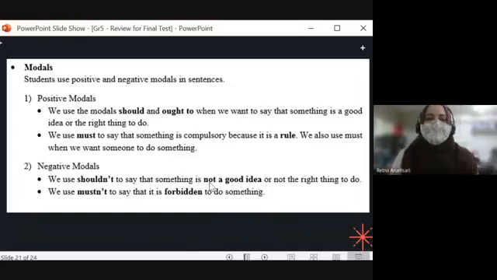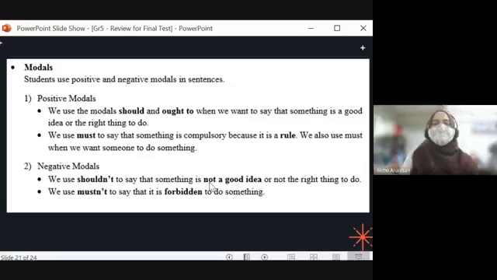They are mostly used in giving advice. Will you get angry if the person that you give advice to does not follow what you tell him to do? No, you do not get angry, right? It's just advice because it's a good idea to do.